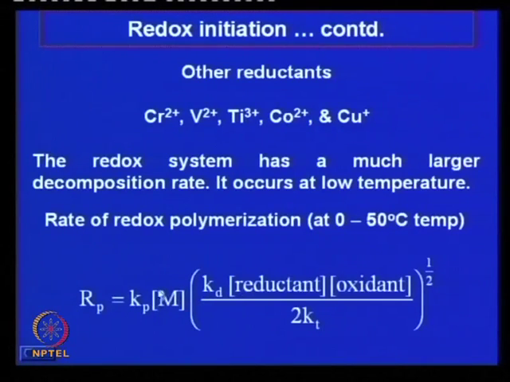Here you see the efficiency factor is not there: Kd, reductant concentration, oxidant concentration by twice Kt to the power half. Here the efficiency factor is not included. That is the difference between that rate expression and this redox polymerization rate expression.